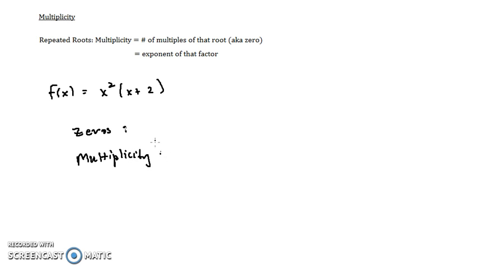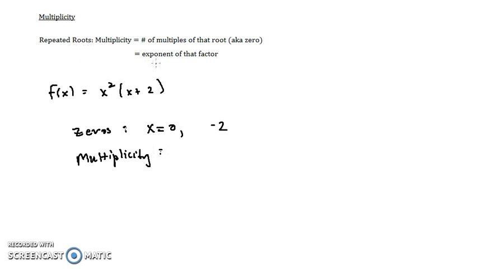Okay, so the zeros for the first one, when we have x by itself, we know that we get x equals 0. And from x plus 2, we know that we get negative 2. Okay, so our zeros are 0 and negative 2. Now, what is the multiplicity? The multiplicity is the number of times that that root repeats.